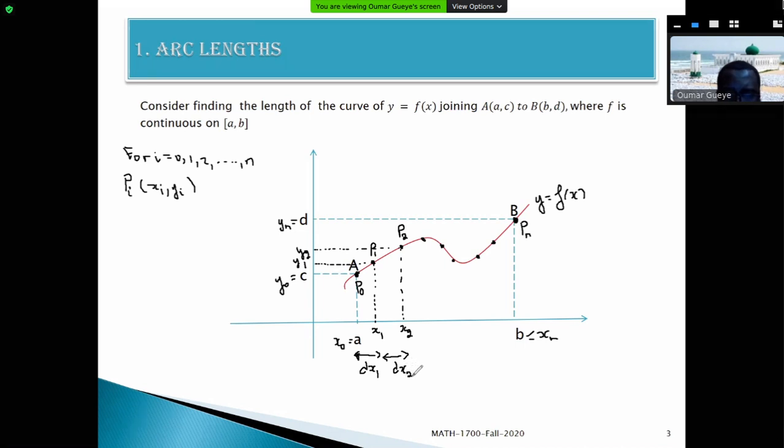I'm going to explain the details of each step. And the gap between y1 and y0, the distance between y0 and y1, I'm going to call dy1. Between y1 and y2, I'm going to call dy2, and so on.